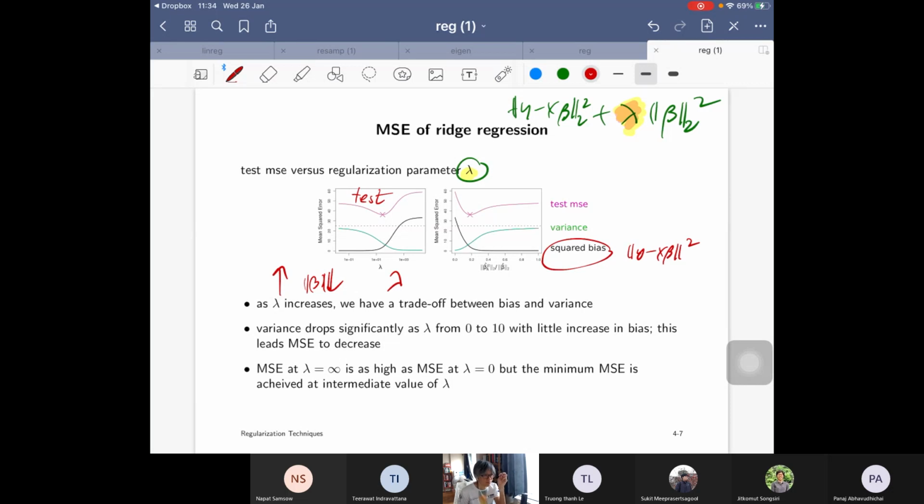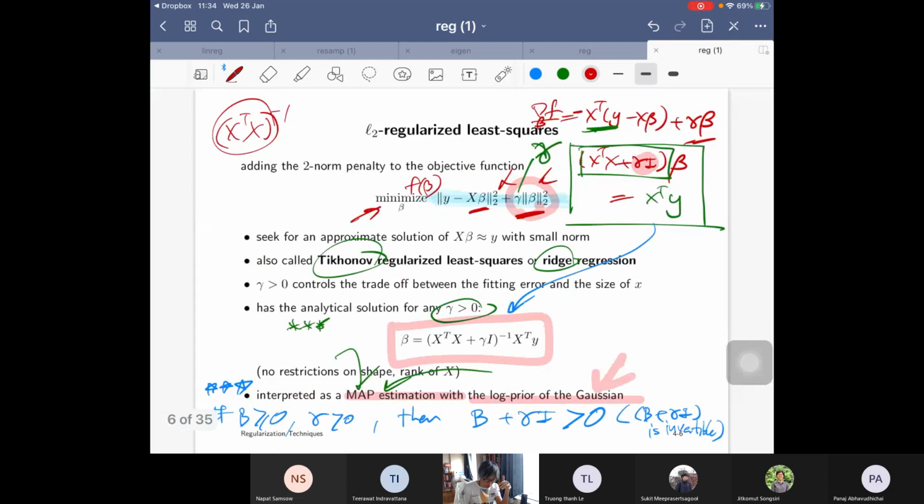What happened? The bias increases, right? The bias is increased because, remember, of course the beta that gives the minimum mean square error would be the one that minimizes the least square. But now the solution beta comes from minimizing the two terms, right?